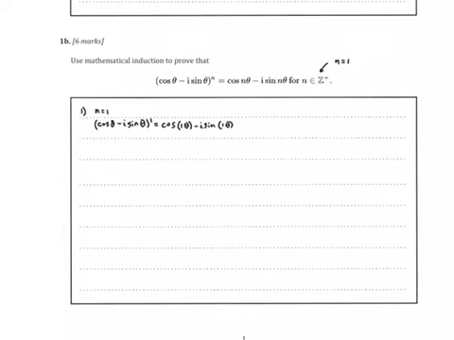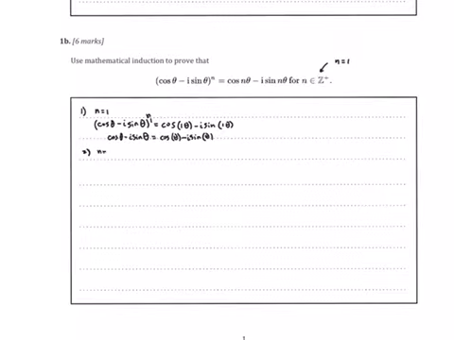Not a whole lot to do here, because this will come out to be exactly that. If I take this to the first power, it becomes the following. So we get cosine theta minus i sine theta is equal to cosine of 1 theta minus i sine of 1 theta. And it checks. Part 2, that's basically a free mark, likely.